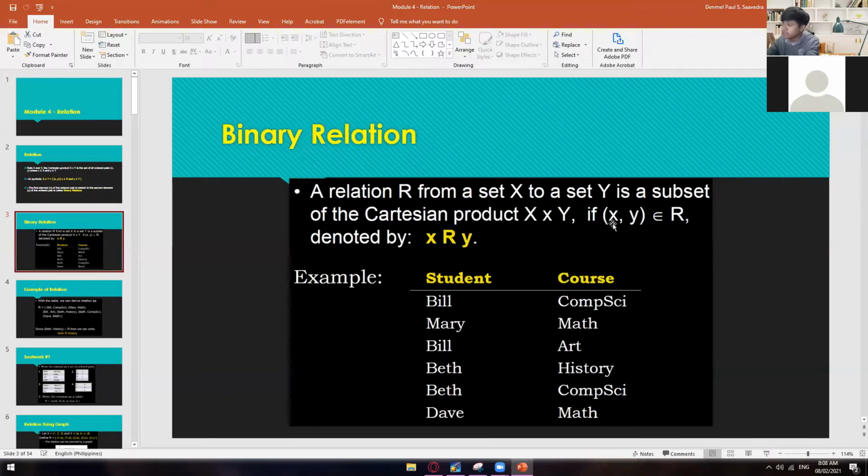So here we're just saying that this (x, y) is in relation, or an element of the relation. The same with this one, meaning x is related to y, or x is in relation with y, meaning we have a certain relation. Of course, before we can say that they are in relation, we should take a look at the requirements to check.